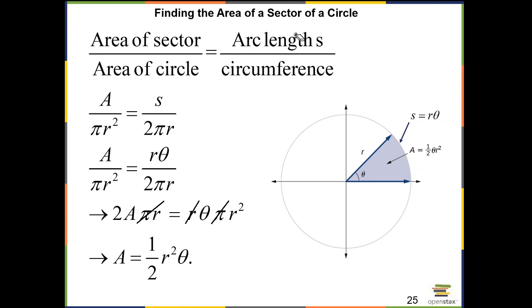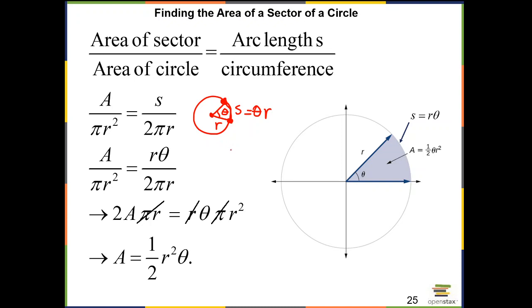Finding the area of a sector. Now, if you have a circle and you want to find the arc length from here to here, all you have to do is take theta, in radians, and multiply it by radius.